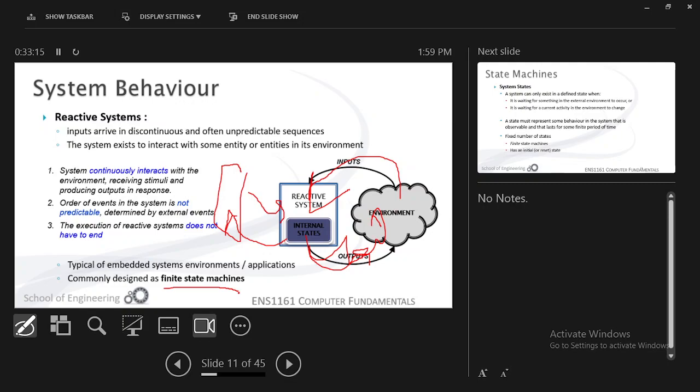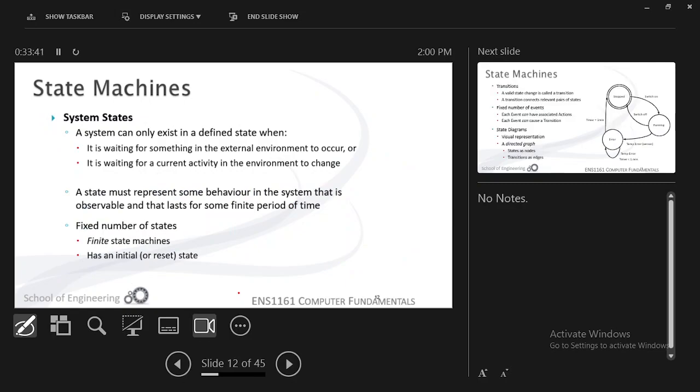Hence we have given some general discussion. But if you are really interested, you can go through the details. My general suggestion is that having a basic overview of what these reactive systems and proactive systems are, and how the systems behave, is more than enough for your understanding.